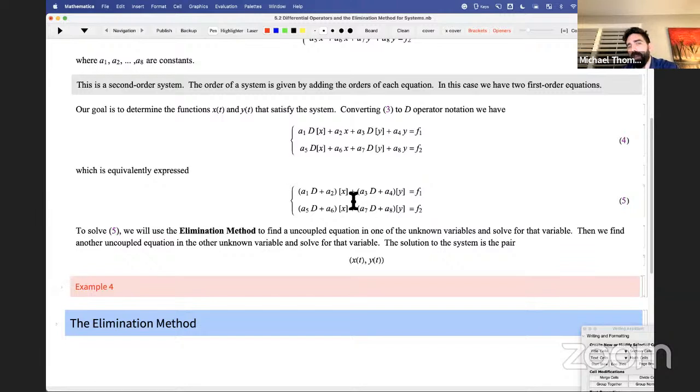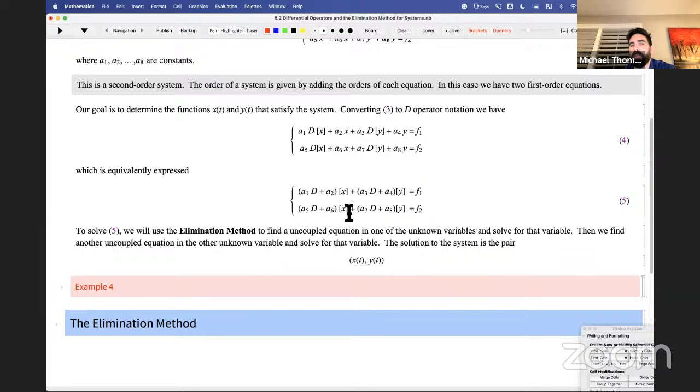You guys know how to do the elimination method. You take the top equation, multiply by something, the bottom equation, multiply by something, so that these are negatives of each other, so that when you add the equations together, you eliminate the x. But when you eliminate the x, what you're really doing is uncoupling. You're getting an equation that's uncoupled from x.